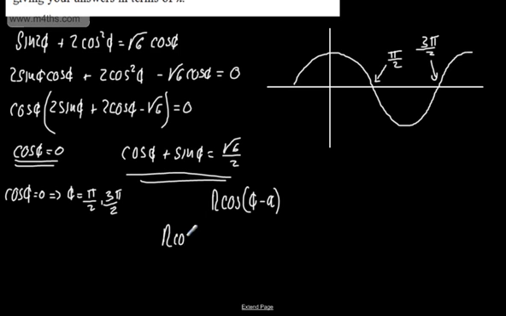If we have r cos theta cos alpha plus r sine theta sine alpha, from this we can see that r cos alpha is equal to 1, and r sine alpha is also equal to 1.